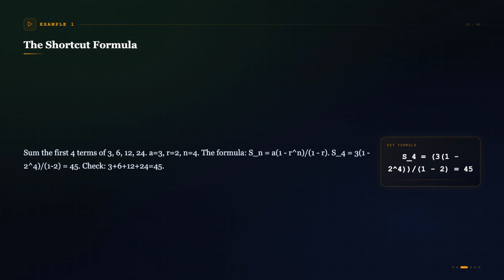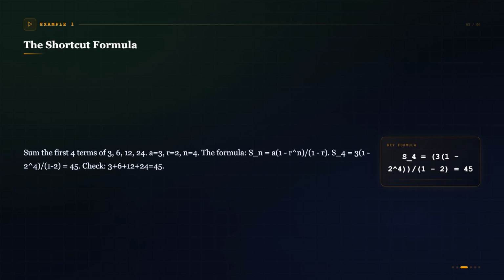To find the common ratio r, we take the second term and divide it by the first term. So negative 4 divided by 8 gives us negative 0.5. Always use the second term divided by the first to be safe. We want the sum of the first 7 terms, so n equals 7.